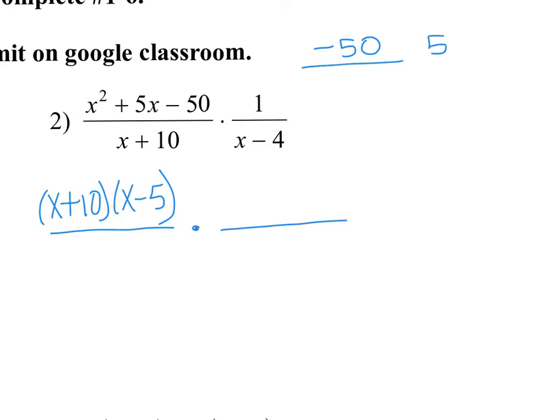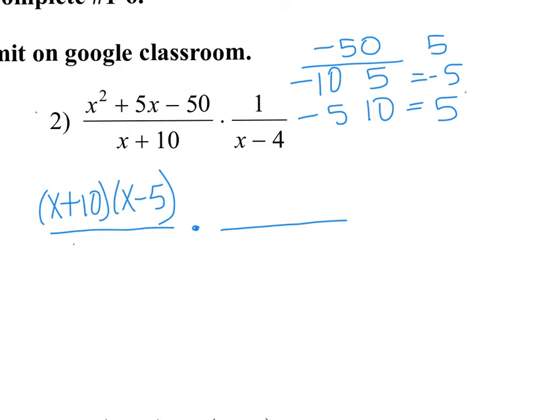Some numbers that multiply to negative 50 are negative 10 and 5, negative 5 and 10, and when I add them, the pair of negative 5 and positive 10 add to give me that 5. There are other pairs of numbers, but those are the first ones that popped into my head.